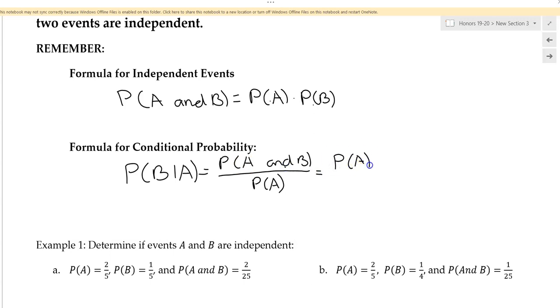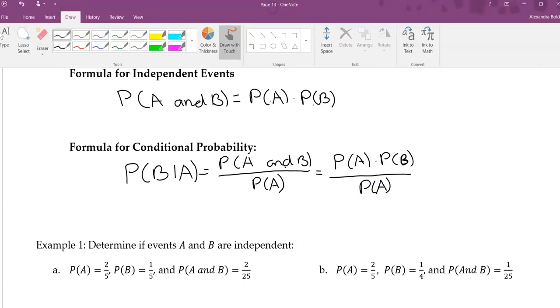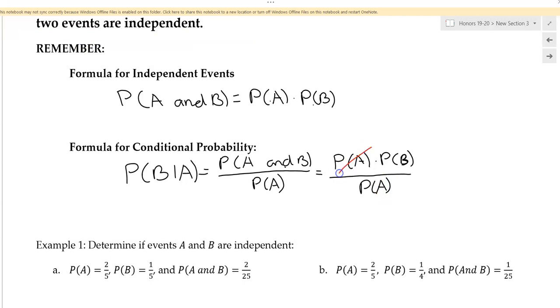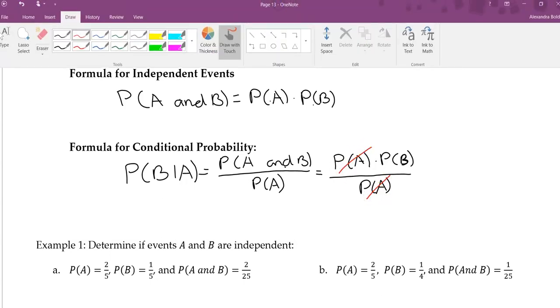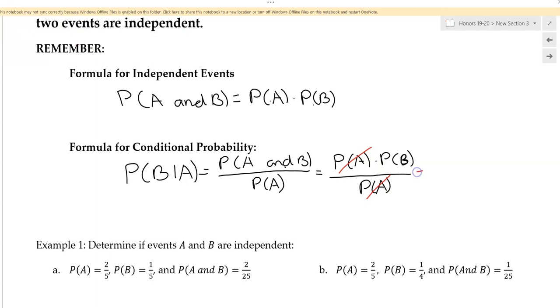If these are independent, the probability of A and B is the same as the probability of A times the probability of B, divided by the probability of A. And then if you look, this should be the same as the probability of B. So if your given probability is the same as your regular probability, then they're independent, which makes sense, right?